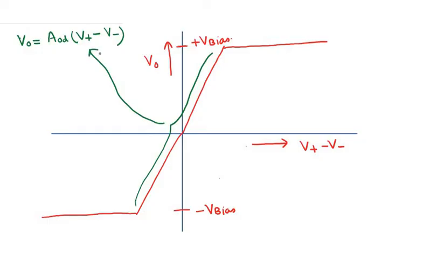Okay, and this parameter AOD is basically a characteristic or property of the particular op amp. Just like beta of a transistor, the common emitter current gain, depends on the transistor itself, here also the open loop gain AOD depends on the particular op amp.